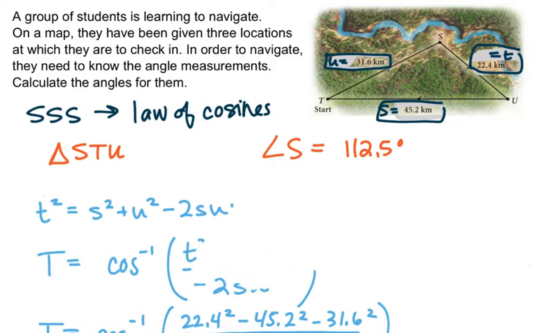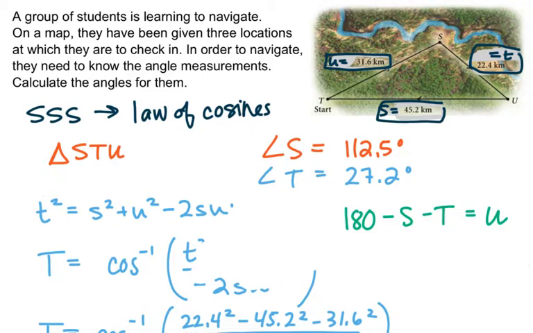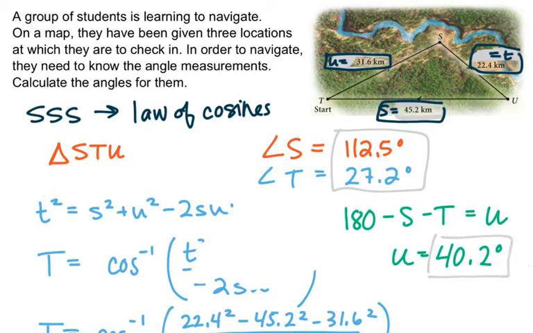So, give myself a little space. We've got angle T is 27.2 degrees. That means 180 degrees minus S and minus T is going to give me U. Subtracting both of those, I get that angle U is equal to 40.2 degrees. You may say, well, Miss Stein, we have 3 angle measures here, and these do not add up to equal 180.